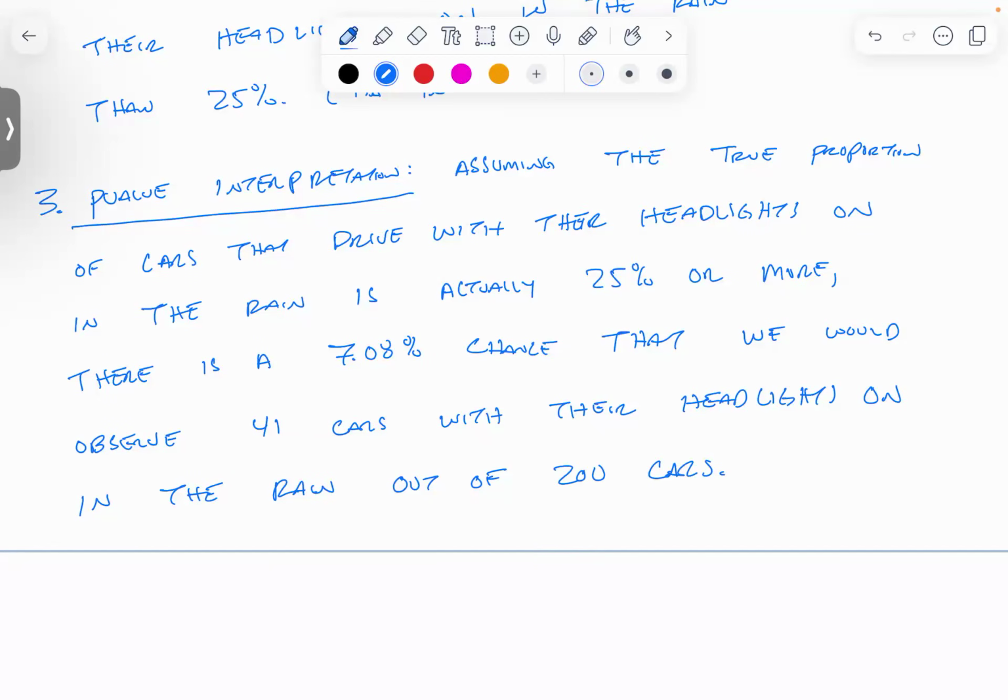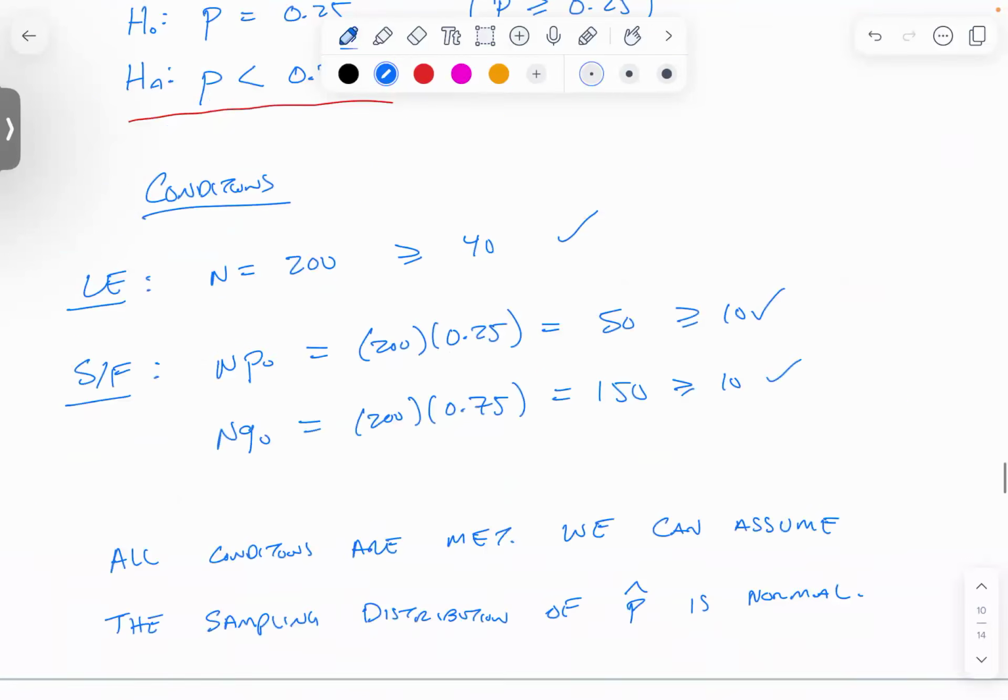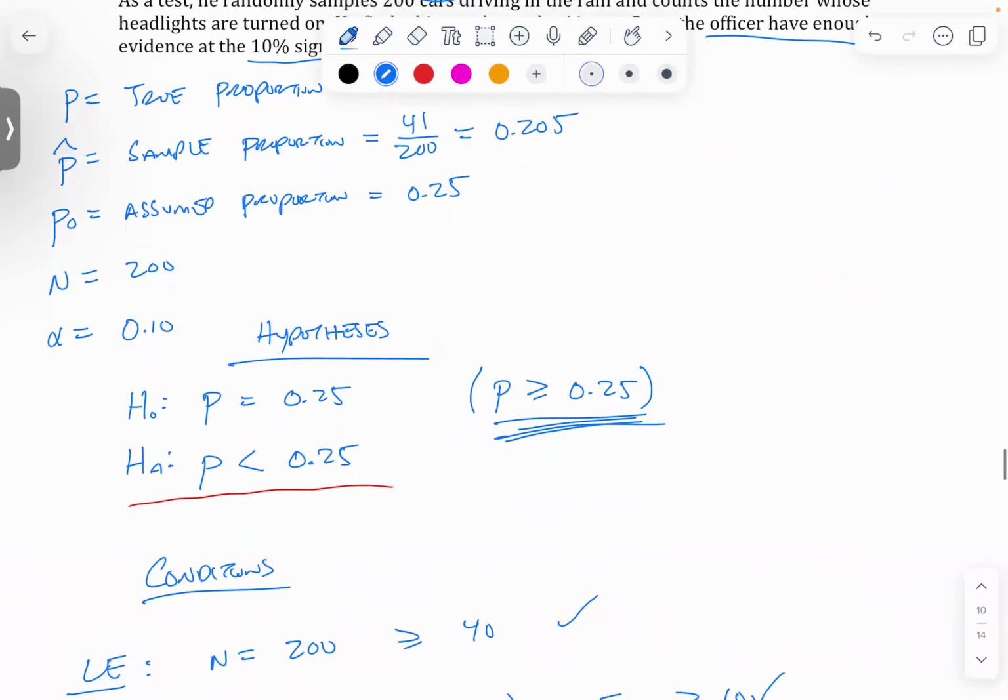Assuming the true proportion of cars that drive with their headlights on in the rain is actually 25% or more. Now, this is about the null hypothesis, so this is why I was emphasizing this is 0.25, greater than or equal to. That means 25% or more.